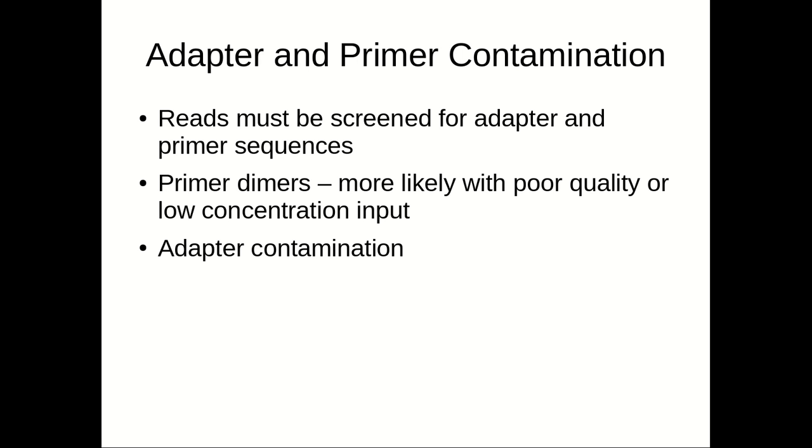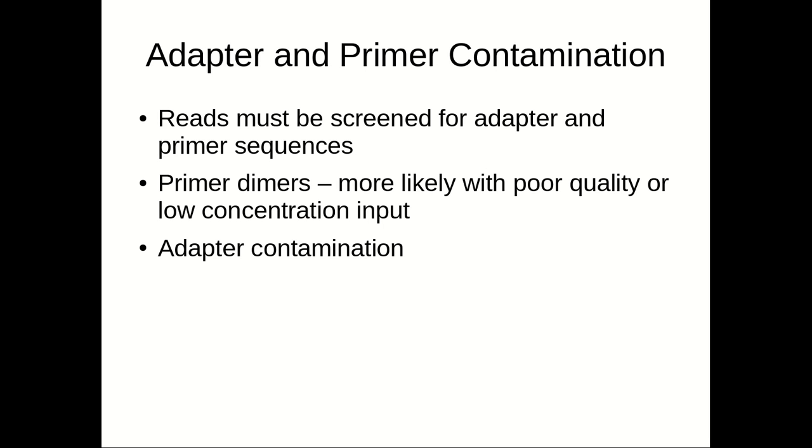There's also adapter and primer contamination. These are cases where our adapter sequences and our primer sequences from the sample prep get sequenced. Primer dimers are the primary way that we get primer sequences. If we have a poor quality or low concentration input, and if our primers have some affinity for each other, they'll bind to each other, form a double strand, be extended by the polymerase, and then become introduced into our library potentially.